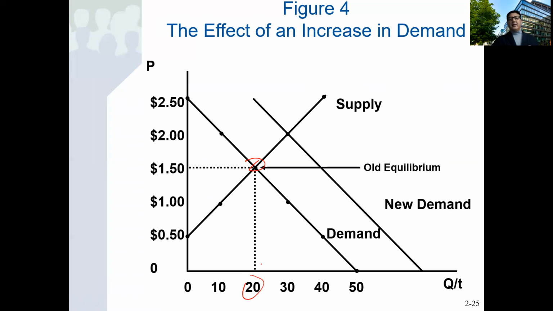So if the demand increases, let's say some very famous doctors announced that, hey, orange juice has so much vitamin C, and it has been proven by the medical establishment that drinking 3 cups of orange juice will boost up your immune system and will protect you against cancer.